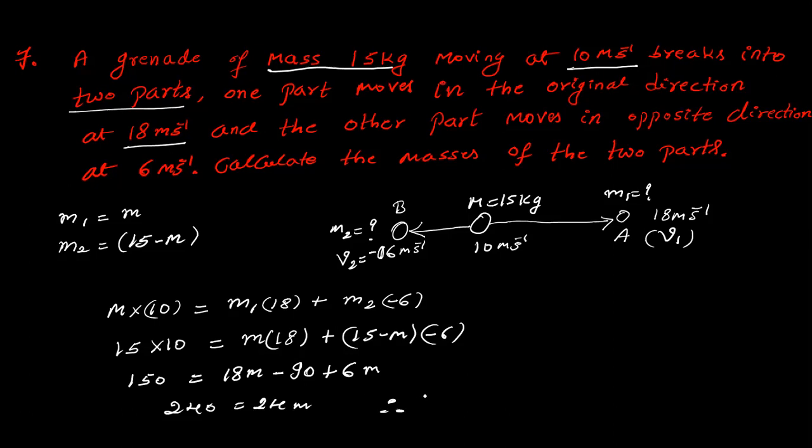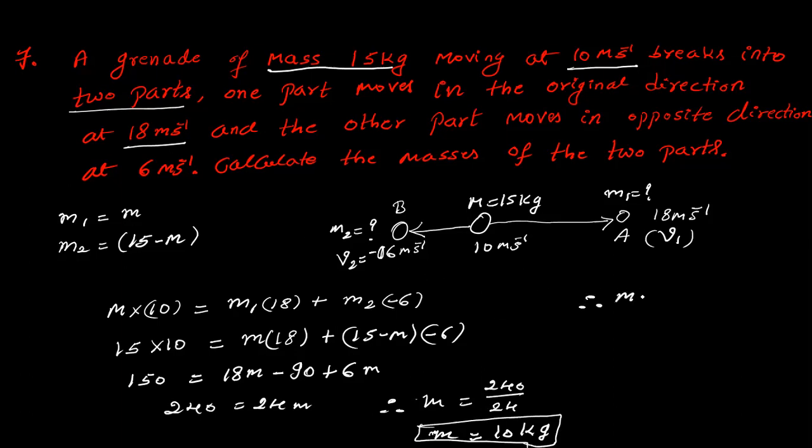Therefore, M is equal to 240 divided by 24, right? So I'm getting M as 10 kg. What is this M? Since M is nothing but the M1, right?